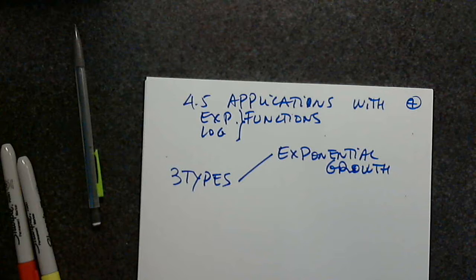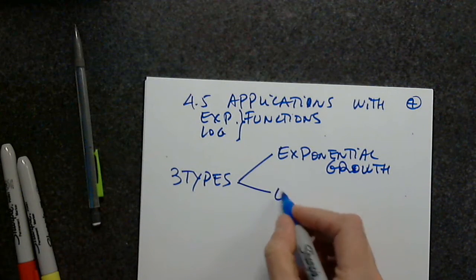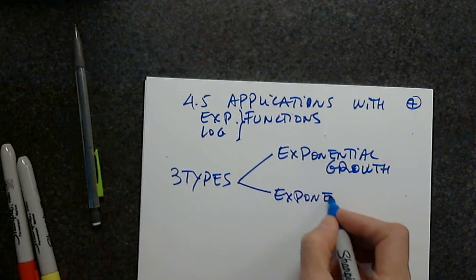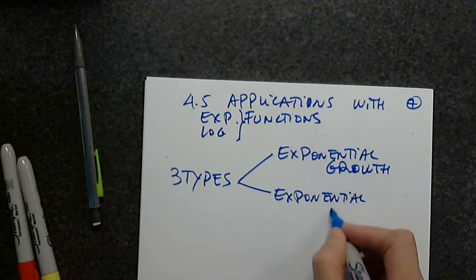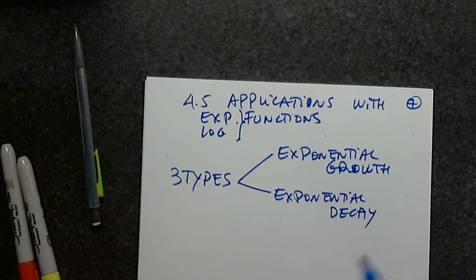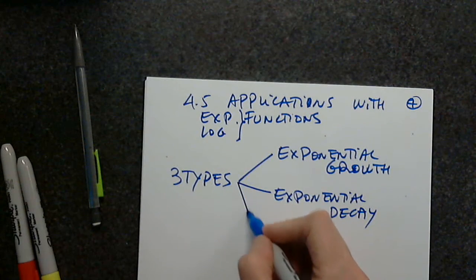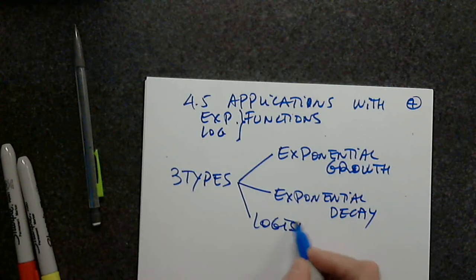Second one, exponential decay. For example, radioactive substances decrease their mass in time. And the third type is logistic function.